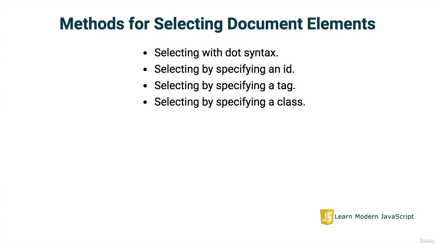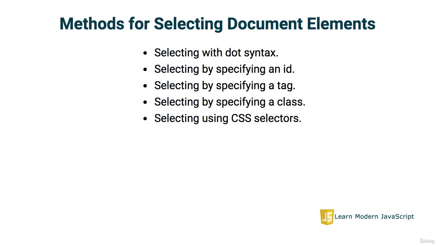You can specify by class. If a CSS class is assigned to an element, you can find it by specifying the class. Once again, that will return an array of elements as well, because there could be more than one element that has that class. You can also specify using CSS selectors.